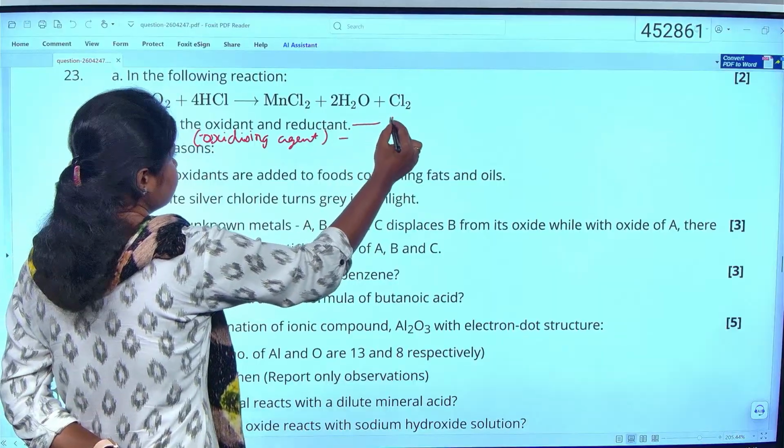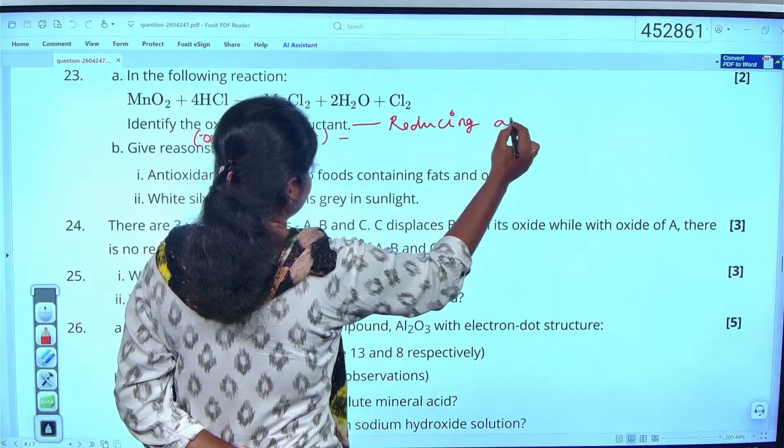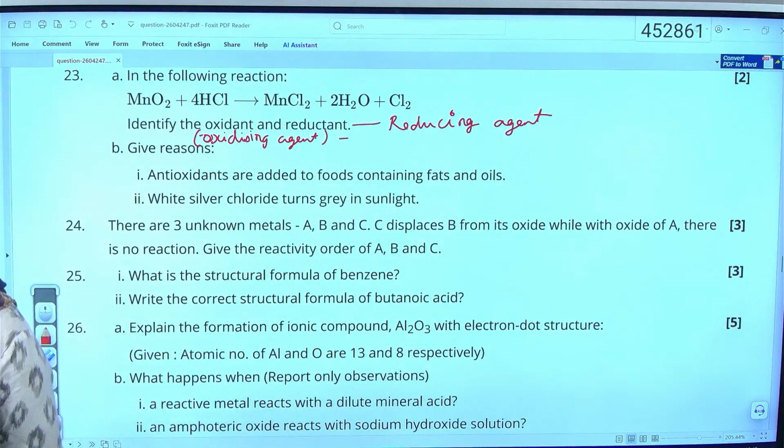Reductant was the reducing agent. So what is an oxidizing agent? What is meant by oxidizing agent? The substance which gets reduced is the oxidizing agent. The substance which gets oxidized is the reducing agent.